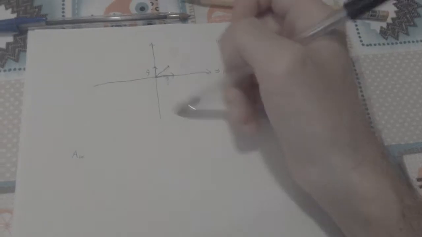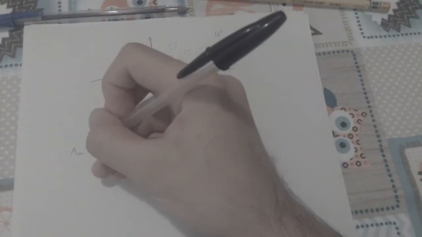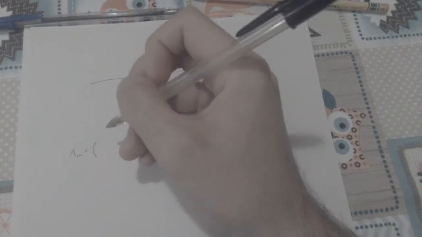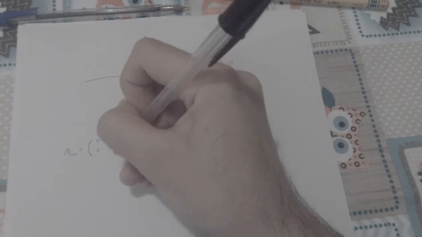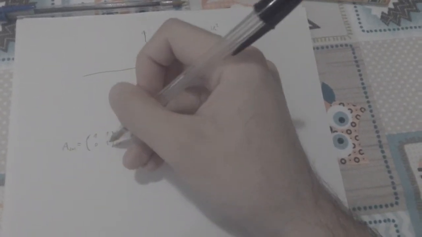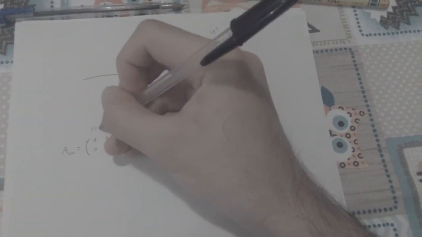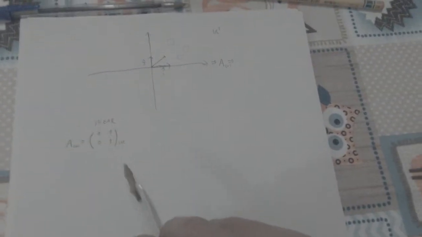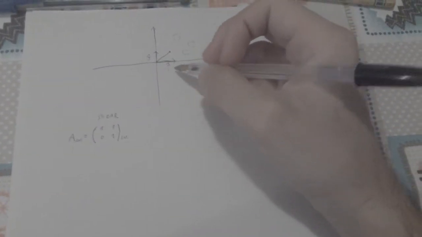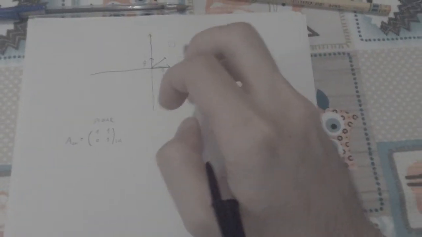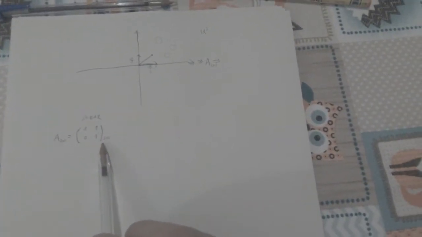We apply a linear transformation to our space, and this linear transformation is a shear. So 1, 1, 0, 1. So this is a 2 by 2 matrix, and this is a shear. This is basically going to be our transformation. What I mean by that? Well, what the shear does is transform the space, and of course it's going to be a linear transformation.